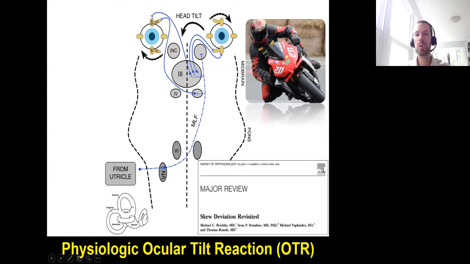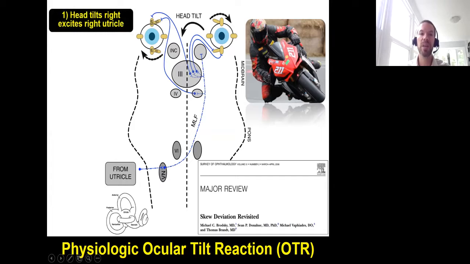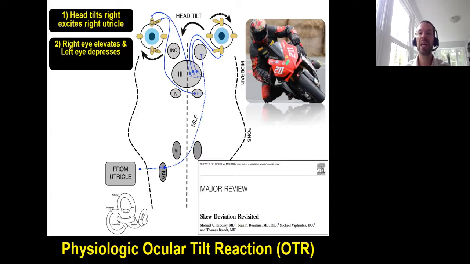So let's say that you are, again, on your motorcycle, you're going around a curve to the right. What's going to happen? So the head is going to tilt to the right around the curve. That's going to fire the right utricle. If you activate the right utricle, the right eye is going to elevate, the left eye is going to depress. That skewing in a normal person is very small.